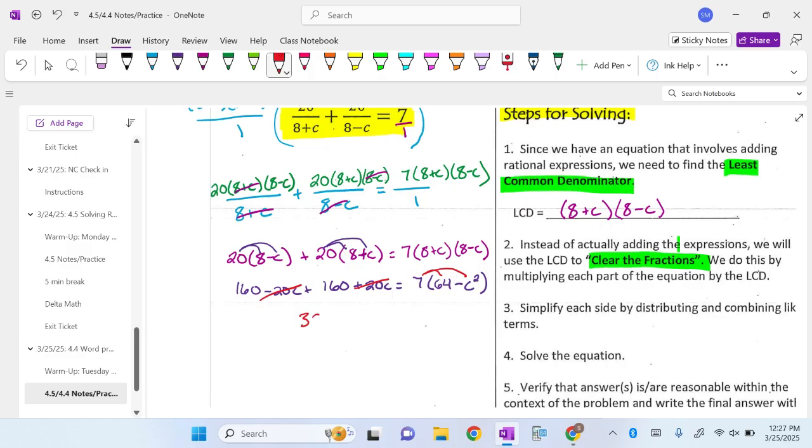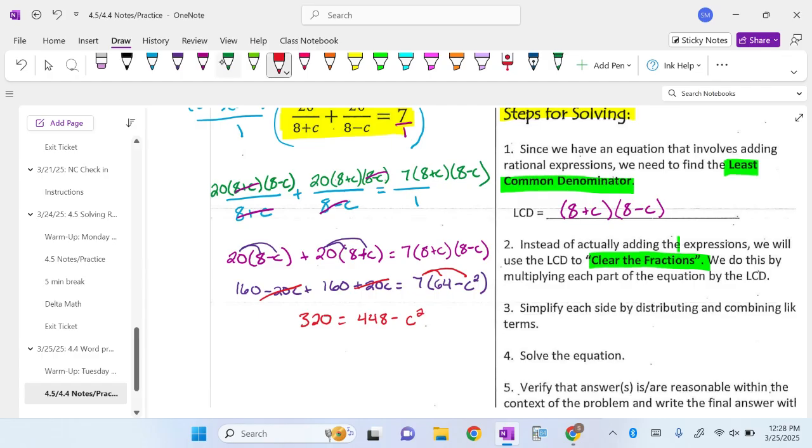So that gives us 320 is equal to, can someone do 7 times 64 for me? 448 minus 7C squared. You know what?